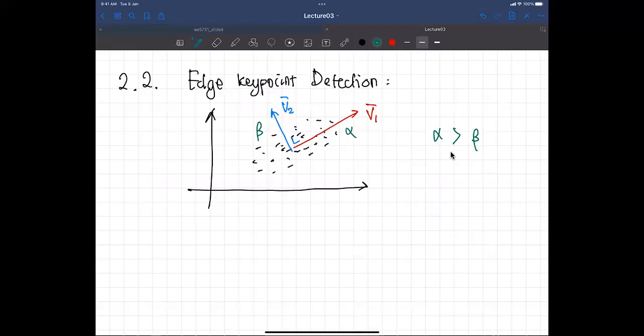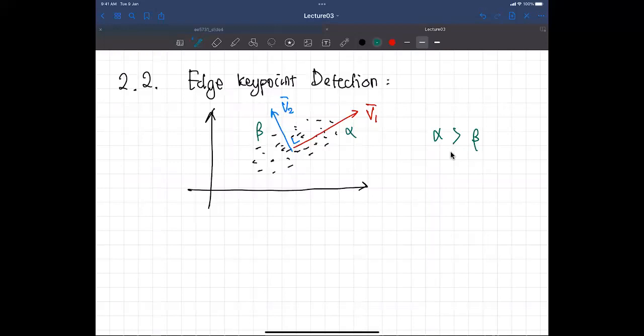So now, intuitively, what will be the condition of a corner? And what will be the condition of an edge? What will the corner distribution look like? It will be a circle, right?